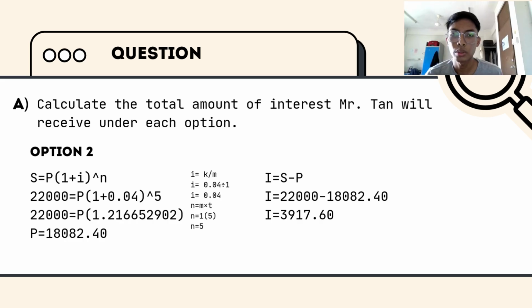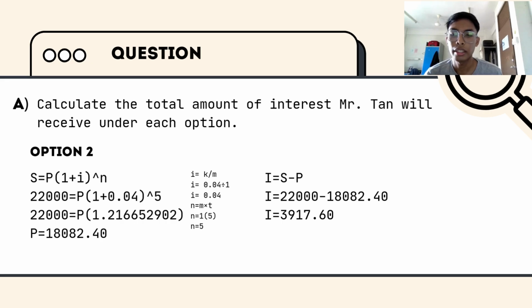As for option 2, we will still use the same formula. S equal to P, open bracket, 1 plus I, close bracket, power of N. 22,000 equal to P, open bracket, 1 plus 0.04, close bracket, power of N, power of 5.